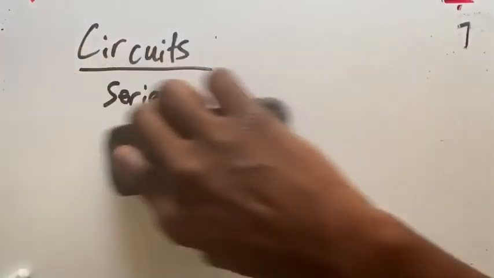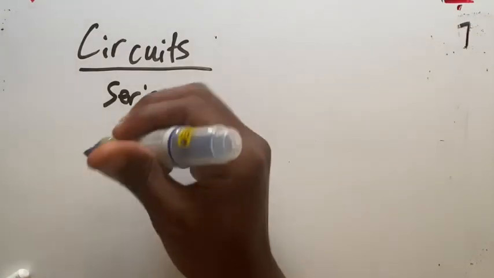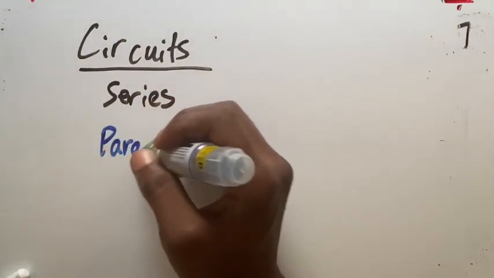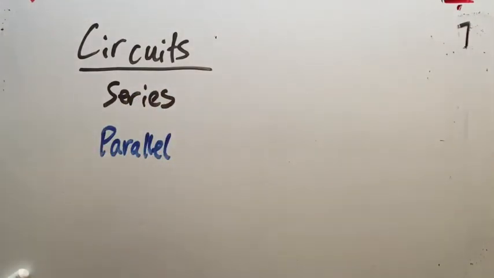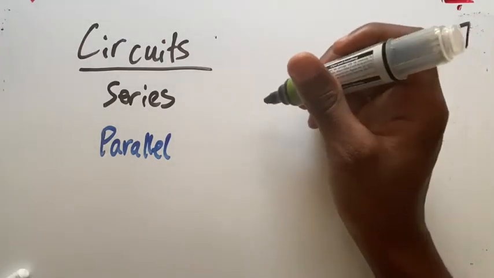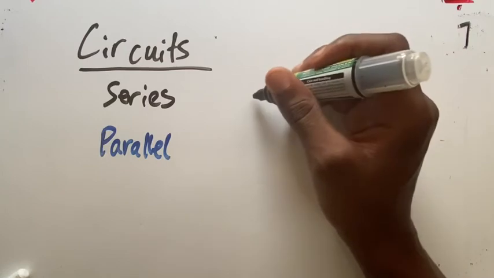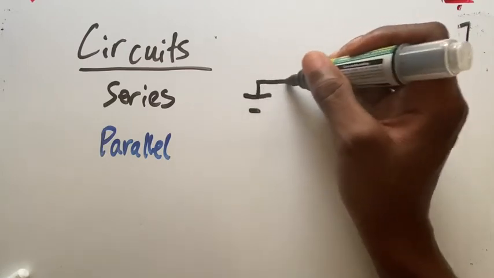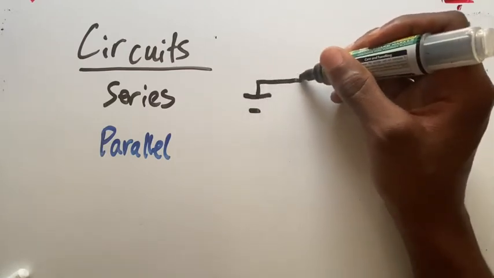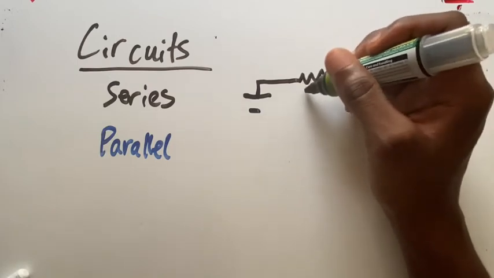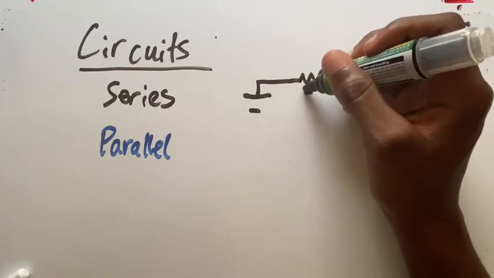Let me use different colors. Series or parallel. This would be a circuit in series. So we got our battery here, and let's say this resistor is our light bulb.